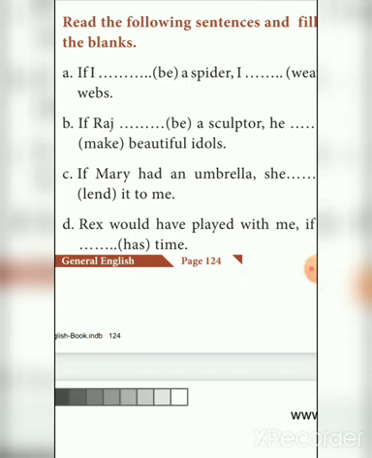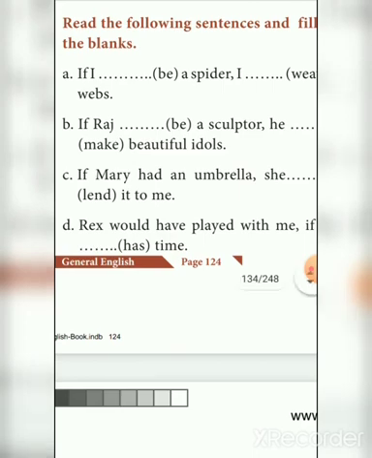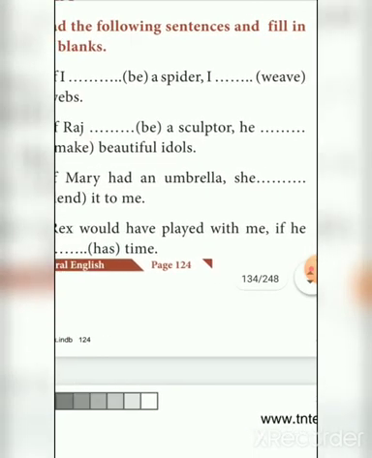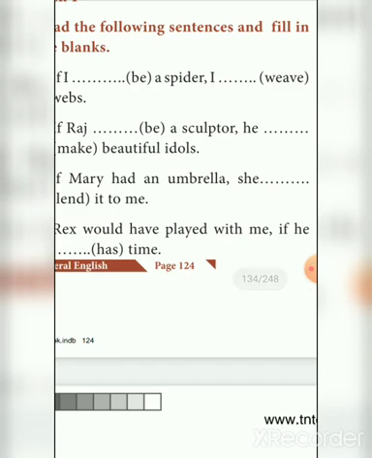Second conditional. It is an imaginary one, improbable, unreal. So for the verb be we use if I were. When we talk about an imaginary thing, we use the past form of the verb, were. If I were a spider. So we are using second conditional, past tense.